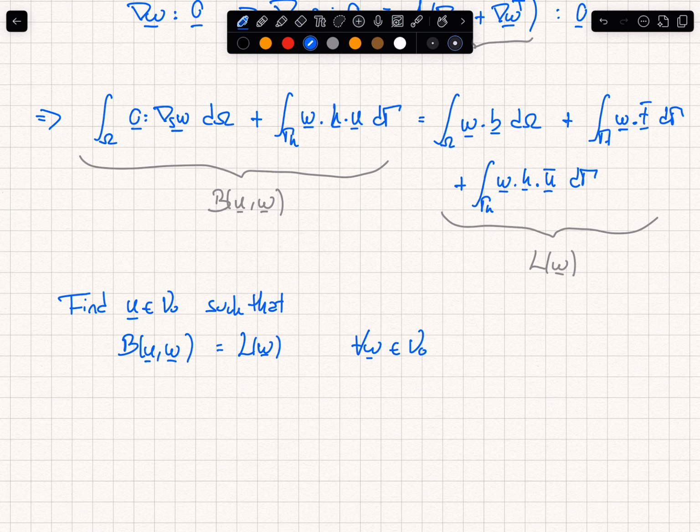The moment that is no longer the case, we play the same trick as we saw earlier in the course. We define a linear variety where our U function is defined as the sum of two functions, one that satisfies the prescribed non-homogeneous boundary condition, and the other one that is the unknown part. And so we are, in the end, looking for the unknown part of the solution in that same space V0. Okay, the same trick we applied earlier.